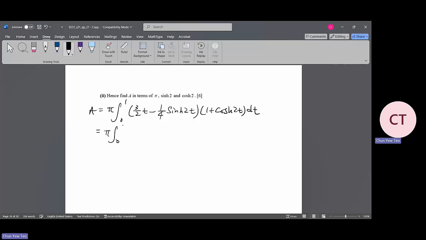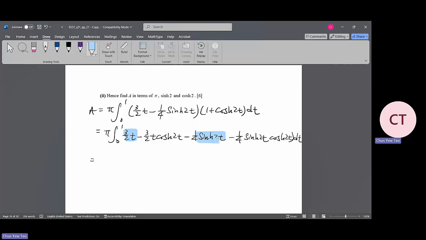We have to be careful because expanding them is kind of long. So we have 3 over 2 t minus 3 over 2 t cos 2t minus 1 over 4 sine 2t minus 1 over 4 sine 2t cos 2t dt.